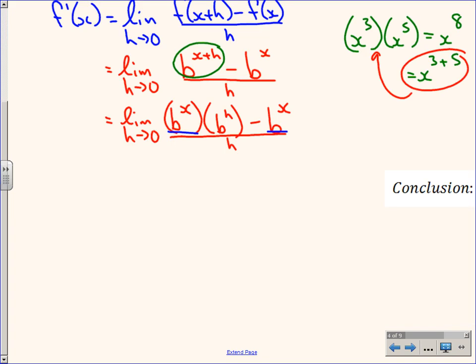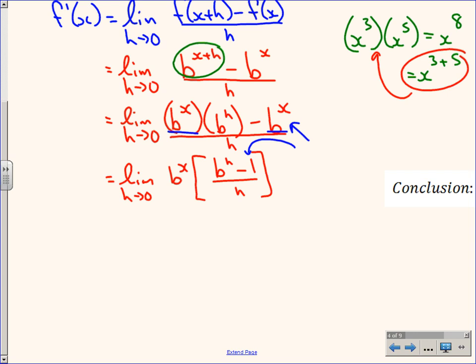So if I common factor that out, the limit as h approaches 0 of b to the x times b to the h minus 1 over h. I've pulled that b to the x out of the way.